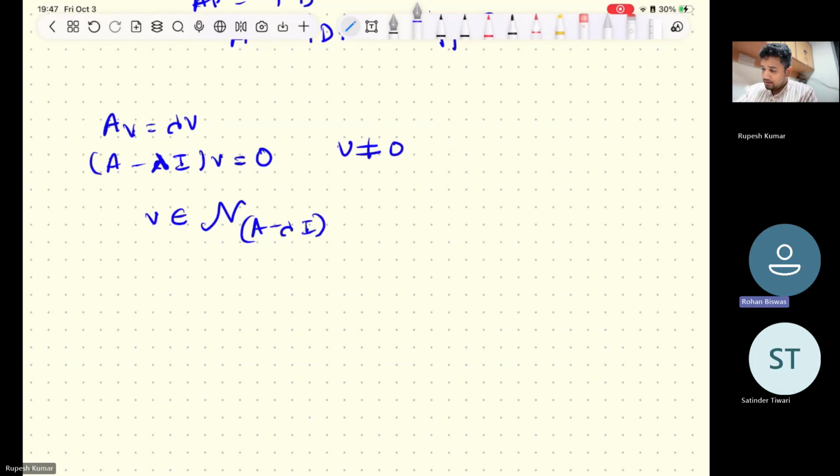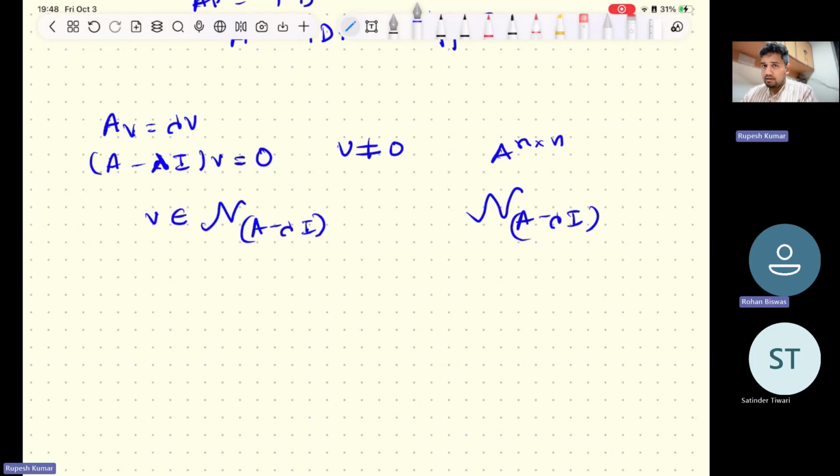Now, if A is an n cross n matrix, what is the maximum possible dimensionality of the null space of A minus lambda I, for non-zero entries? No, n minus 1, right? There will be at least one dimension in the range space of A minus lambda I, if it is not containing non-zero entries. At most n minus 1.